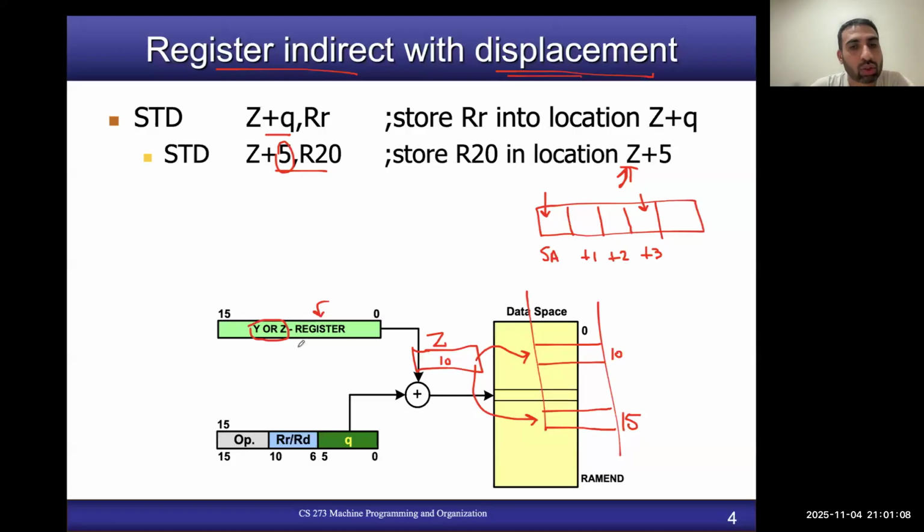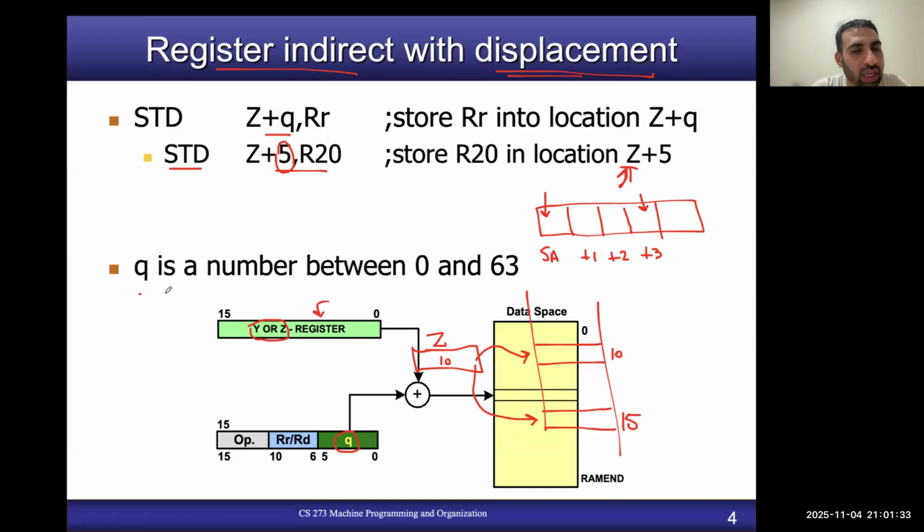You put the address in Y or Z, and in the instruction itself, for example store, you specify the displacement Q. This Q is added to the current value of the pointer register, and the resulting value is used to access the memory location.